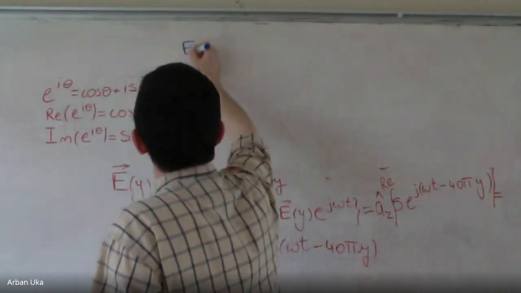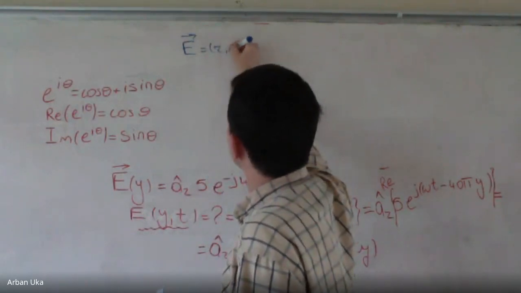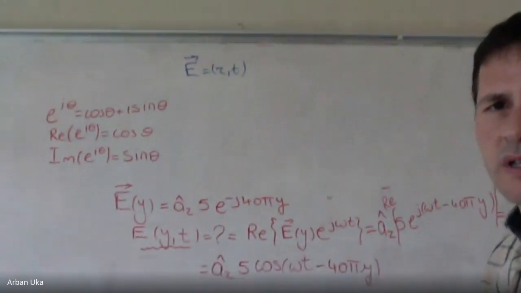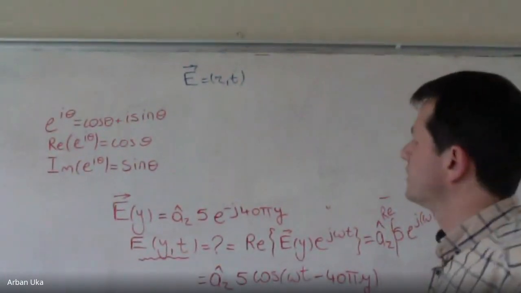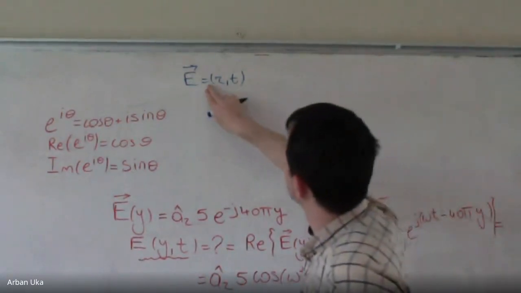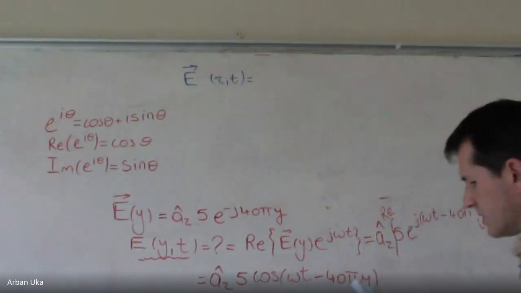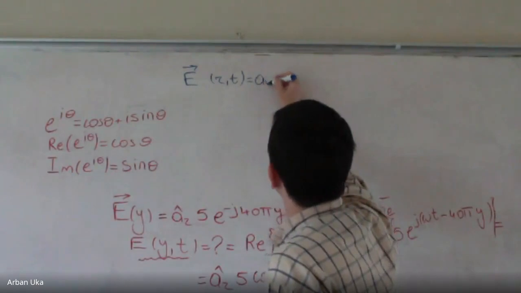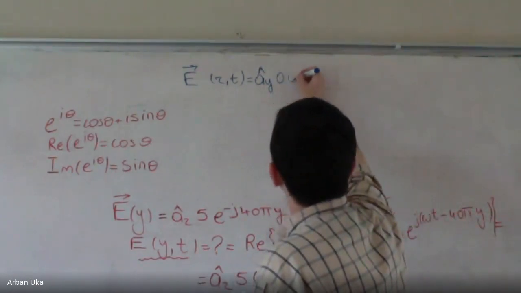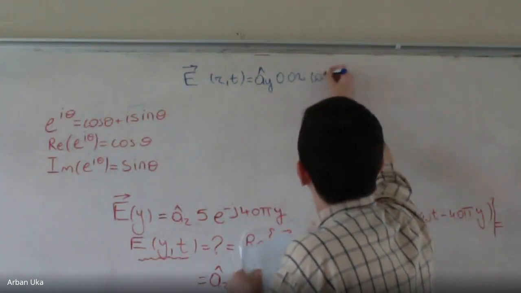So let's assume that we have an electric field which depends on Z and time. If this depends on Z and time, that means that the wave is propagating along Z. This was wrong, sorry. This is a function of these, and this is equal to AY times the amplitude, 0.02, times cosine.